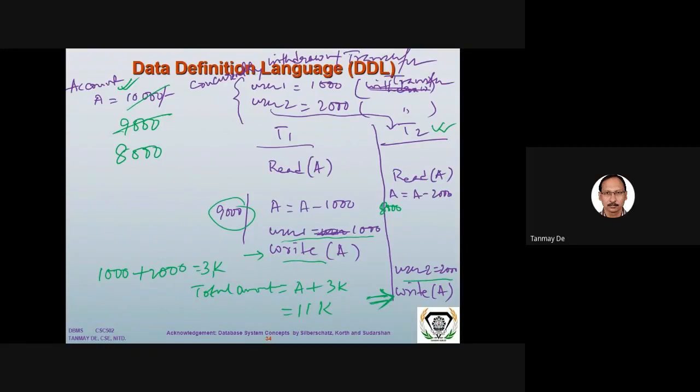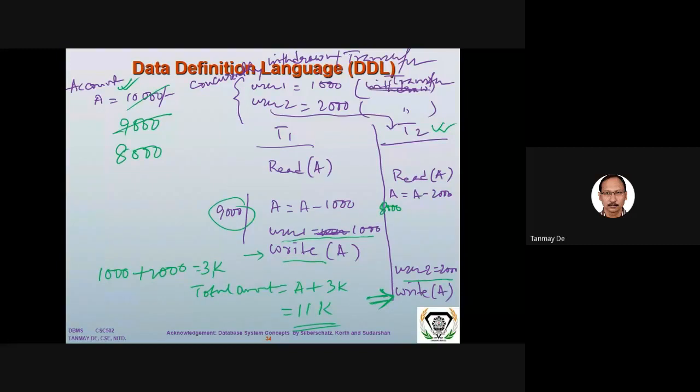Now the question comes: from where was the other 1,000 generated? So this is inconsistent. The database falls into an inconsistent state because the total amount of money before and after the transactions is not preserved.